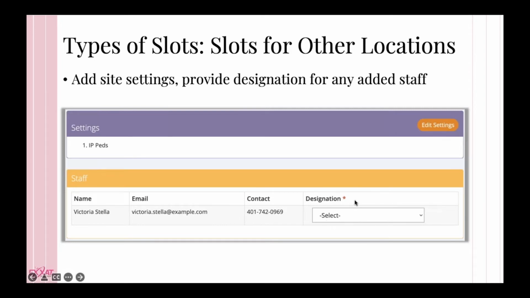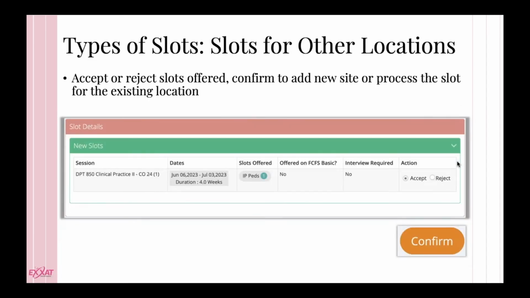It does not automatically select, even though the system has that marked, so you will need to use the drop down to select what their designation is. So you can either accept those slots that they're offered, or you can reject them, depending on how you want to work with that. And if you click accept and confirm, it automatically adds that particular slot to the site that they suggested.